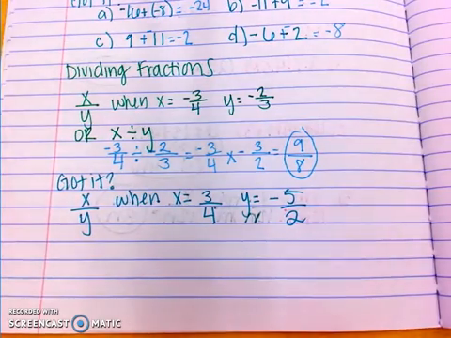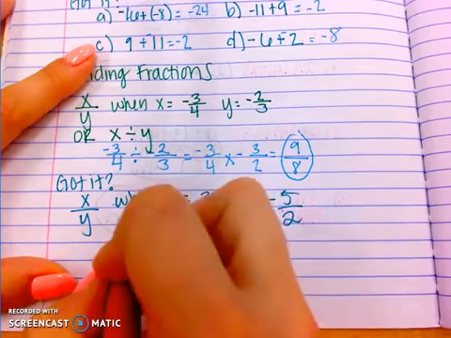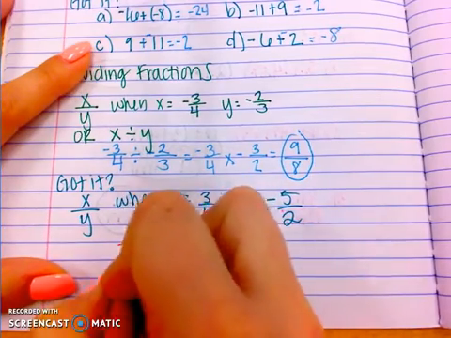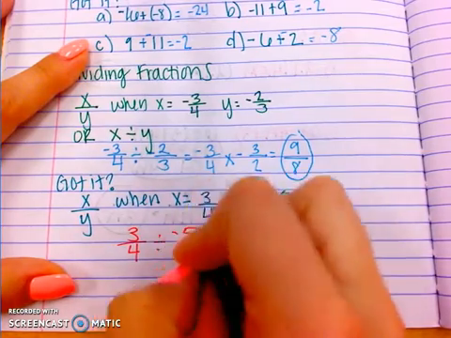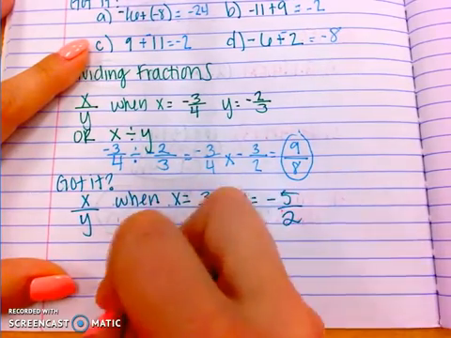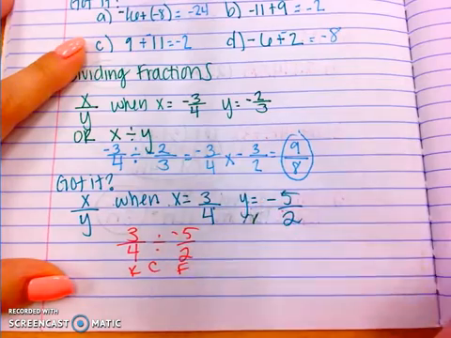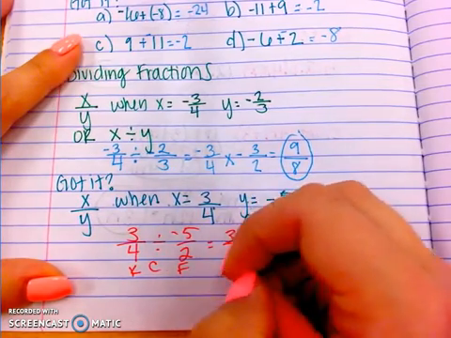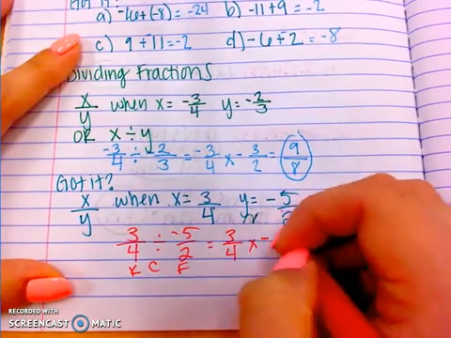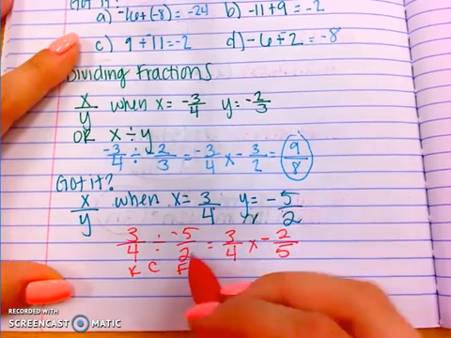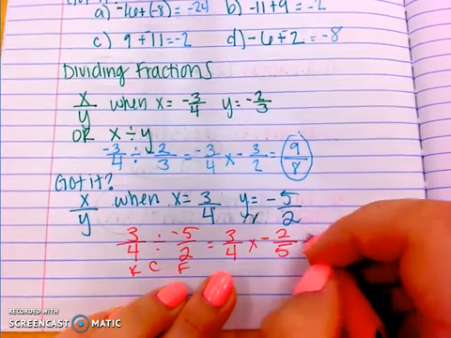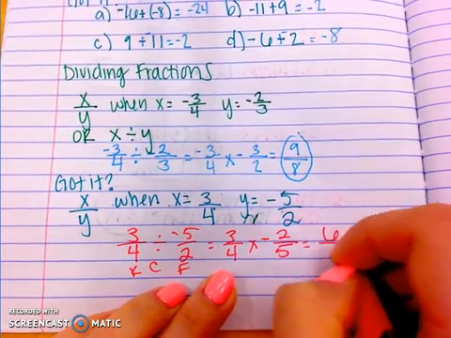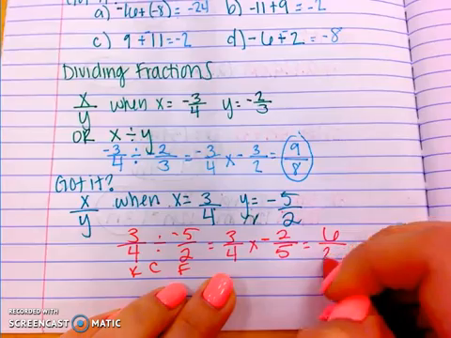And then once you've solved it, you could have rewritten it as 3/4 divided by negative 5/2, or keep it, change it, flip it. 3/4 times negative 2/5. That's the reciprocal of that second fraction, and multiply across. 3 times 2 is 6. 4 times 5 is 20.